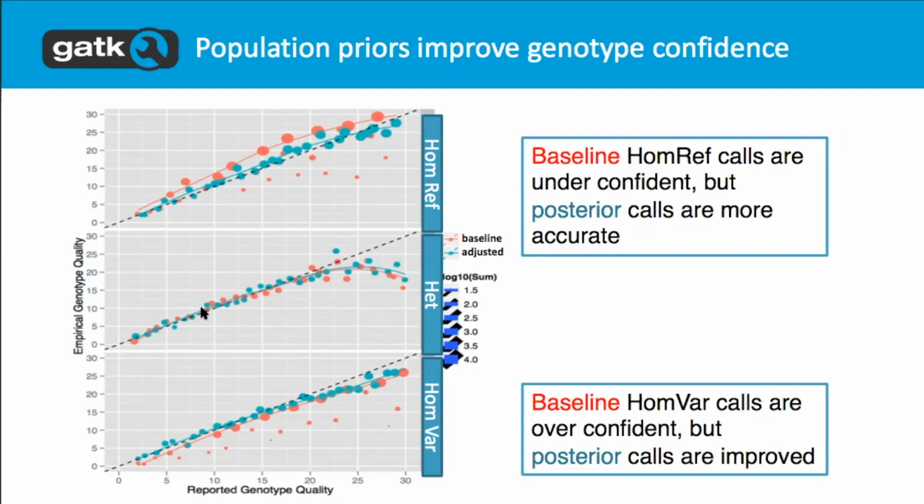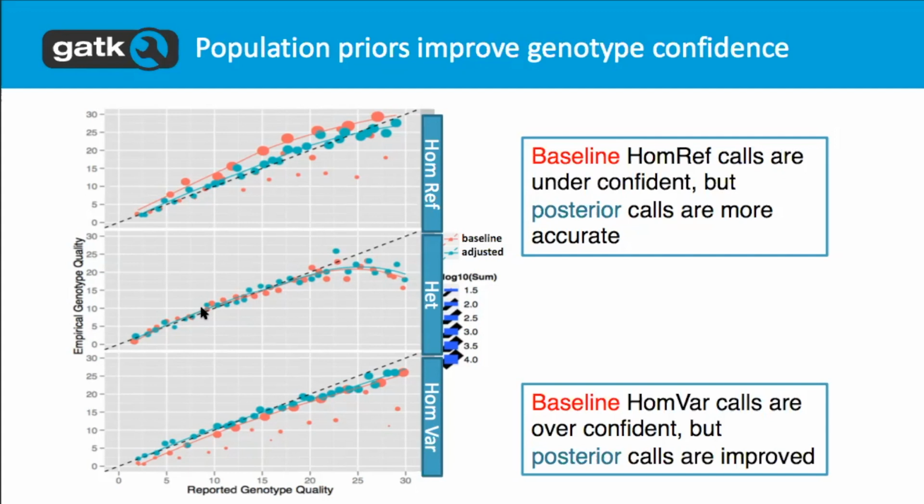Overall, the general effect we saw was that we often had homozygous reference calls that were underconfident, where we actually could have been more confident that these were correct. And so by doing this, we boosted our confidence in those correct calls. And this reflects some of the biases of the caller, some of the weaknesses of the caller when it does the genotyping. And so here we're compensating for these weaknesses post hoc.